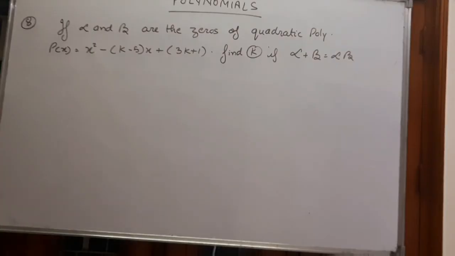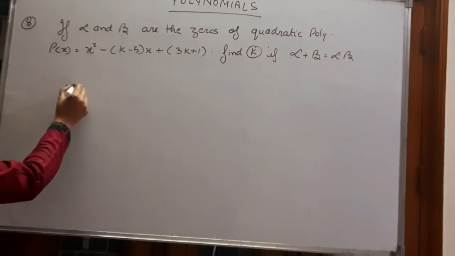If alpha and beta are the zeros of a quadratic polynomial, x square minus k minus 5 x plus 3k plus 1, we have to find the value of k. If alpha plus beta equals alpha beta, what is alpha plus beta? Sum of zeros is minus b upon a.